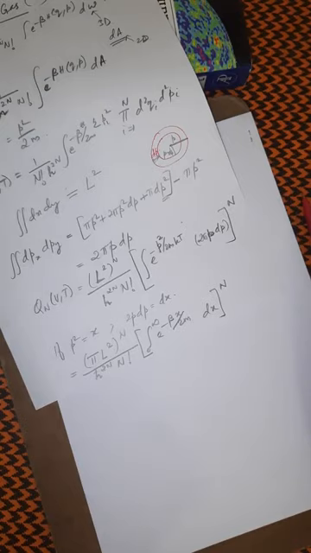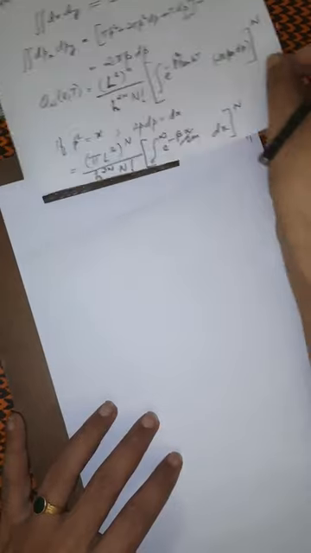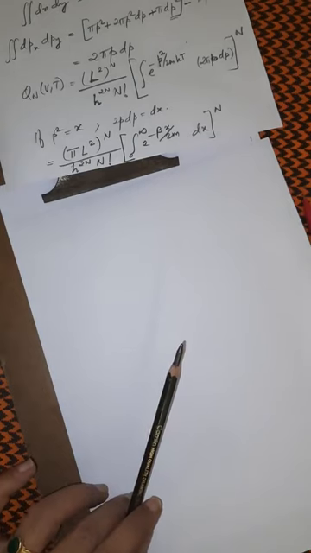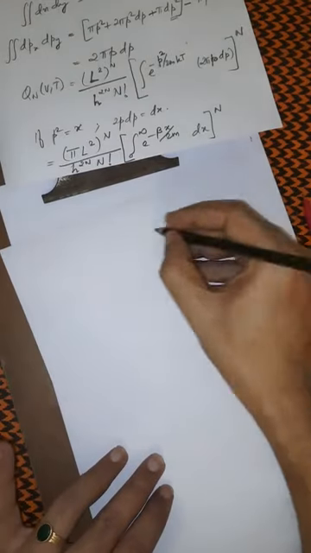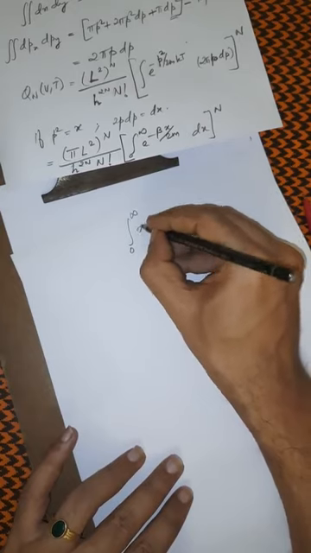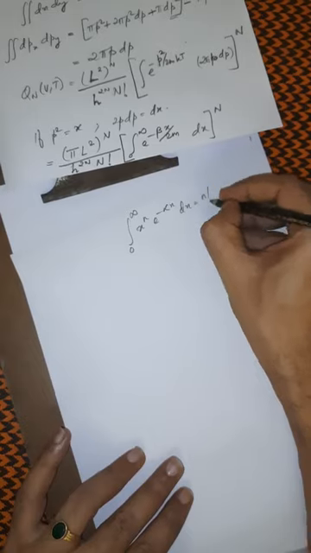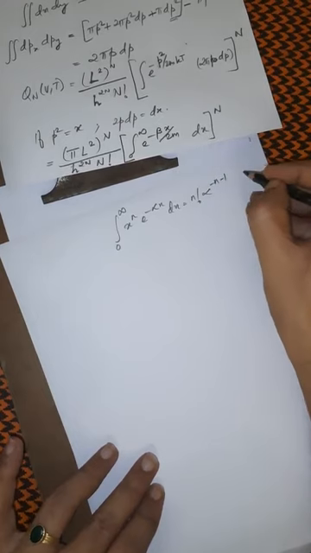Now I can try to simplify it further. Further, using basic identities, the integral from 0 to infinity of x^n e^(-αx) dx is equal to n! α^(-n-1).